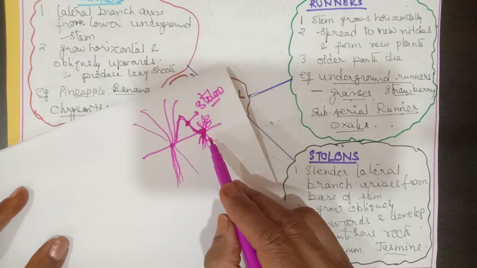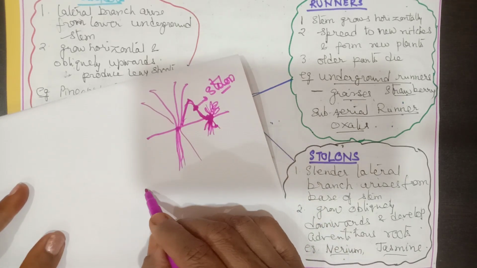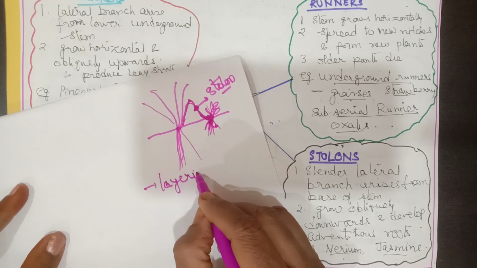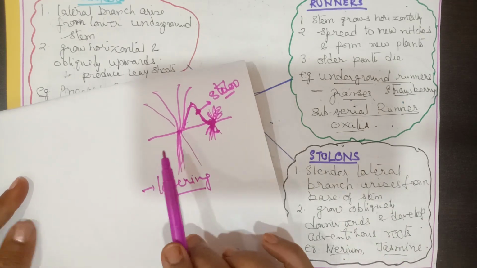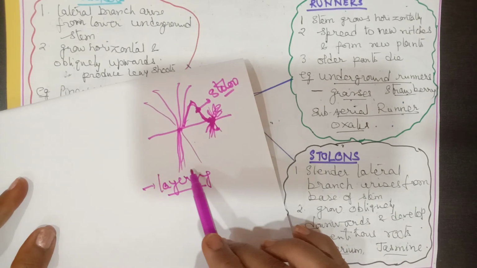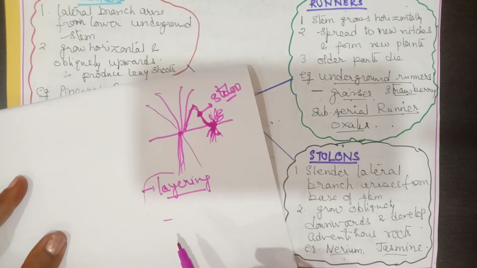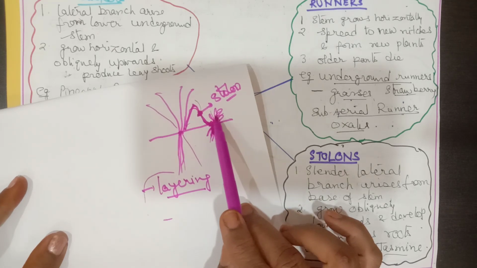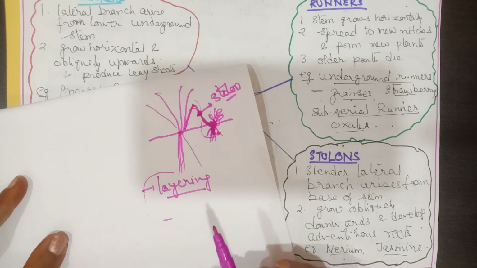This principle of stolon is used in one of the very important methods of vegetative propagation, that is called layering. Layering is a horticultural method of vegetative propagation where the stolon principle is used. Artificially, the branches are made to touch the soil, and this part which is touching the soil is covered by mud.